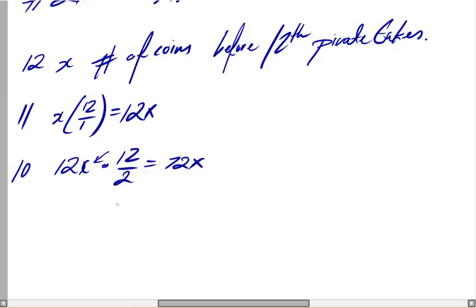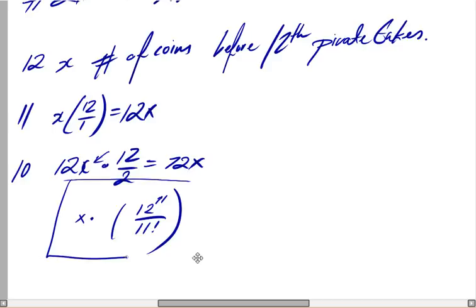If you continue this process, you will find that the first pirate has this many coins to take from: x times 12 to the 11th power divided by 11 factorial.